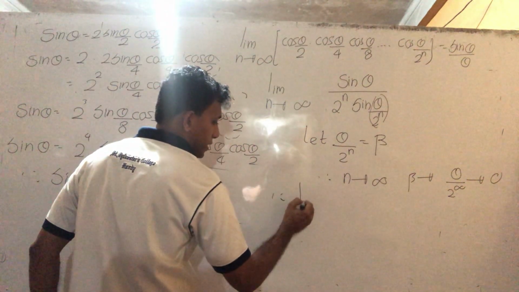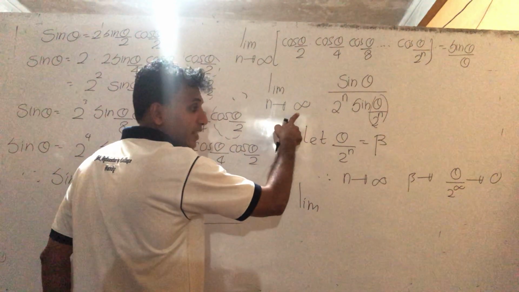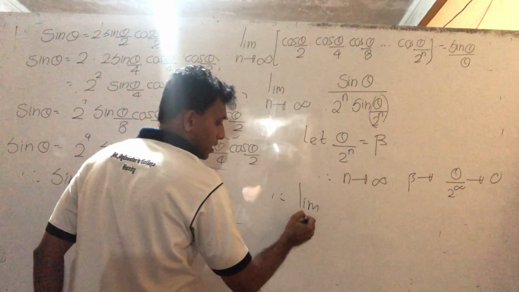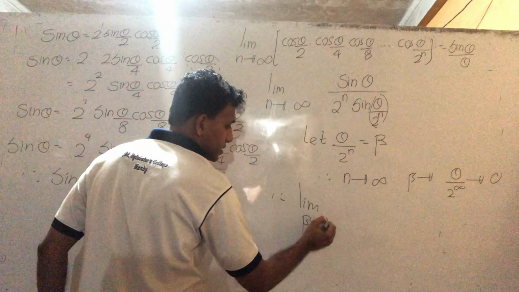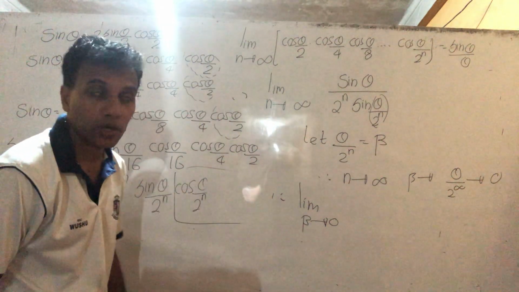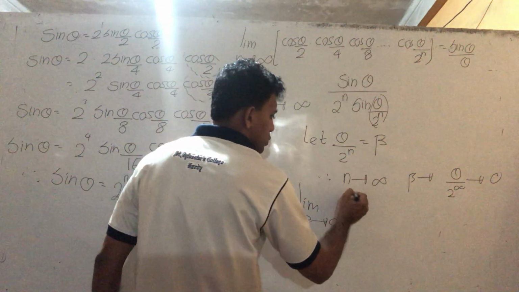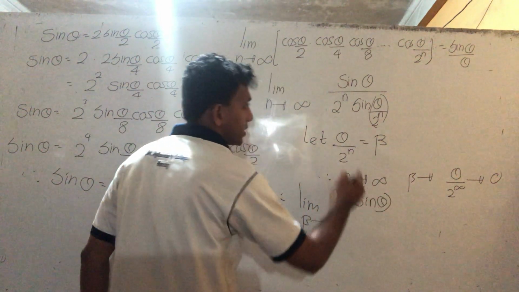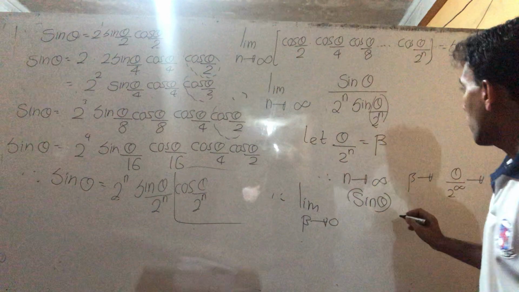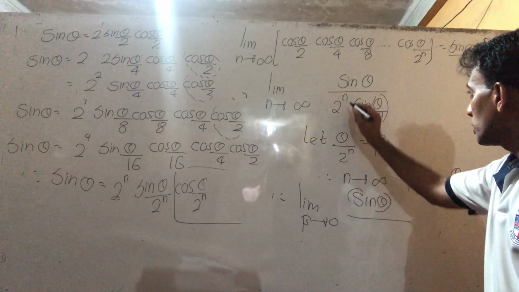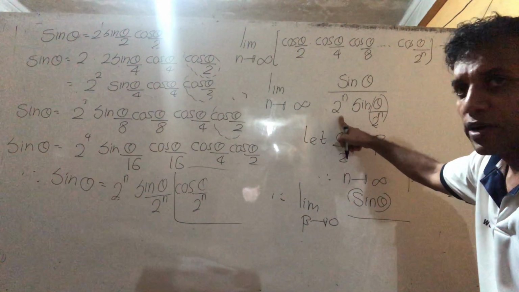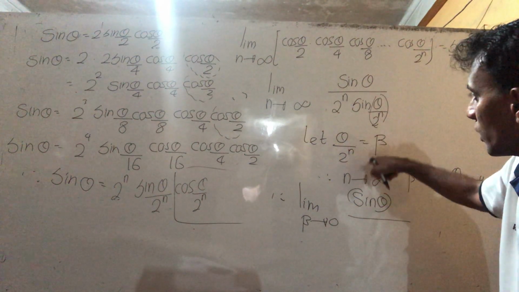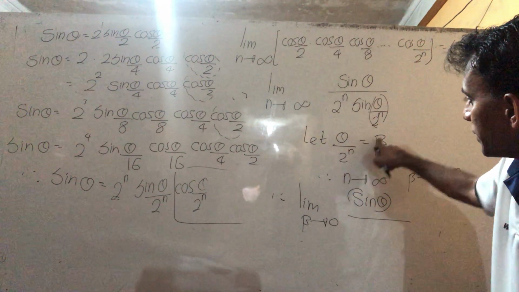Therefore, limit n tends to infinity, or otherwise beta tends to 0. Keep sine theta as it is, separate it. What is 2 to the power n? 2 to the power n is theta over beta.